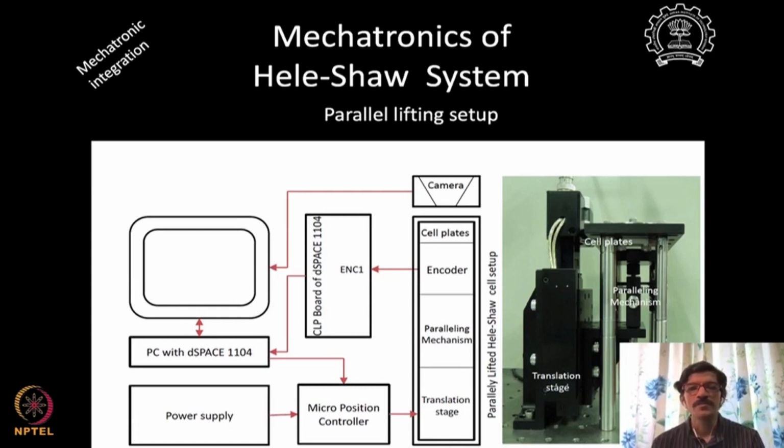So this action will happen as small steps. It is not a continuous smooth motion, but a steppy fashion. But since these steps are very, very small, we don't have any problem in executing this setup.